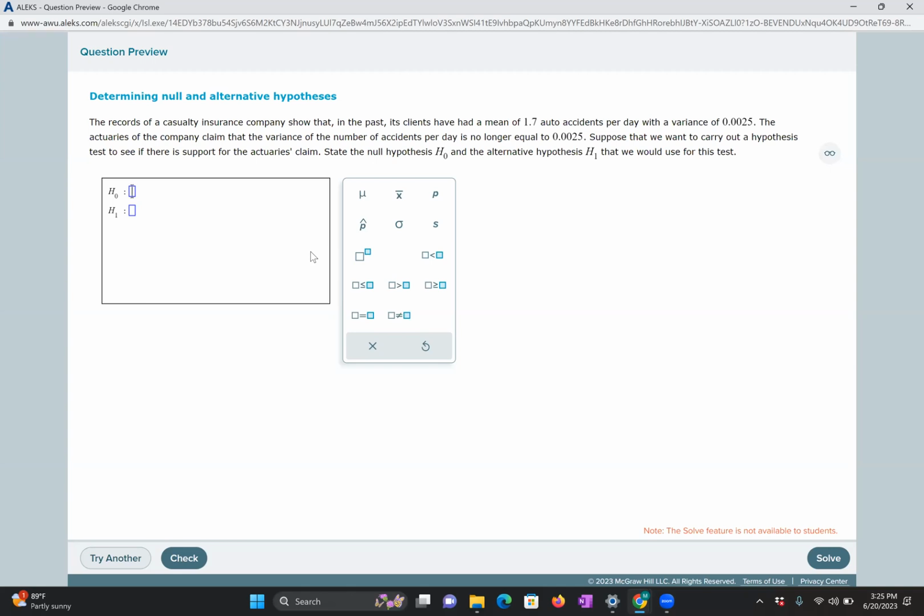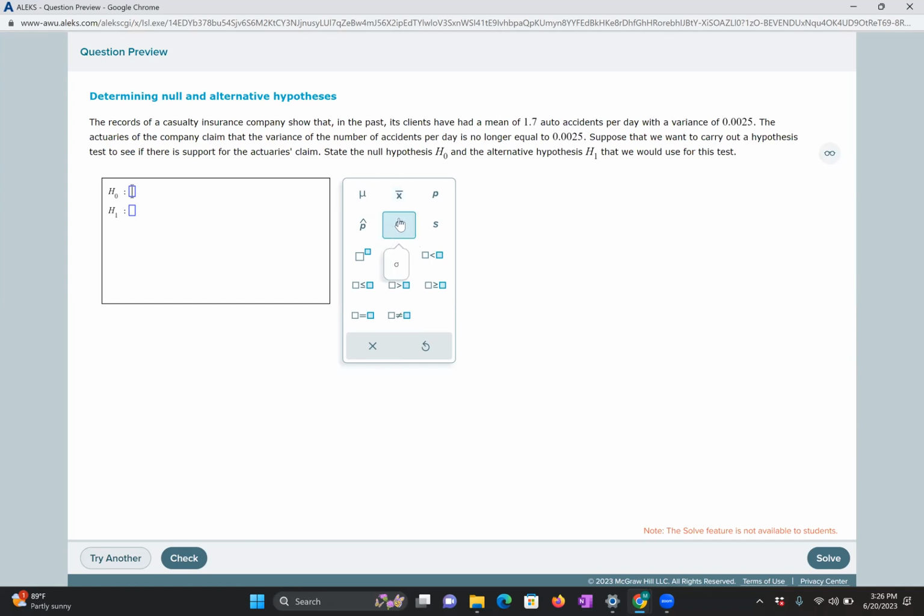The actuaries of the company claim that the variance of the number of incidents per day is no longer equal to that 0.0025. And so they want to know what the actual focus of the hypothesis is.